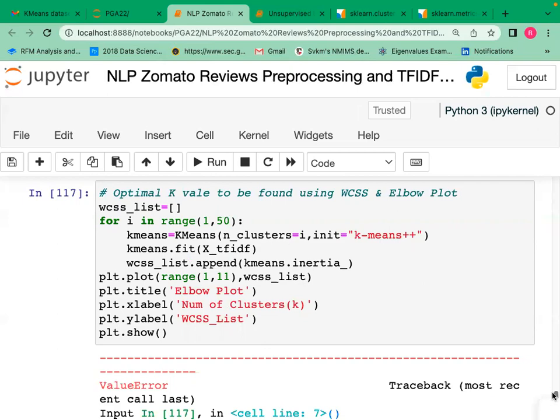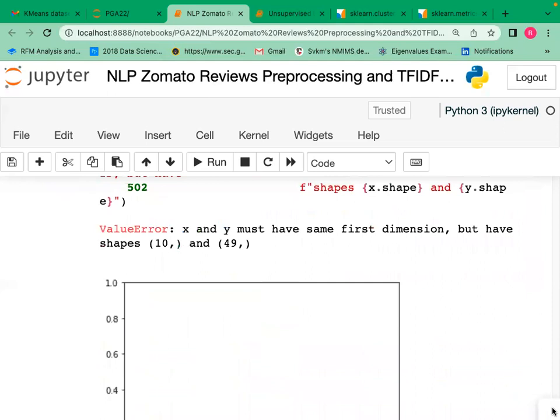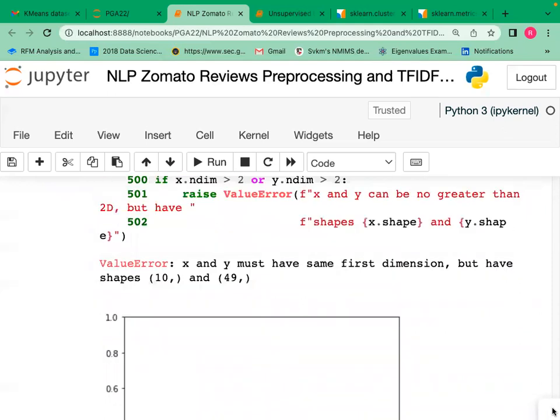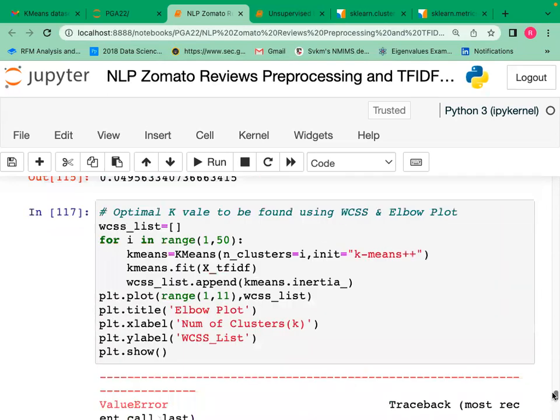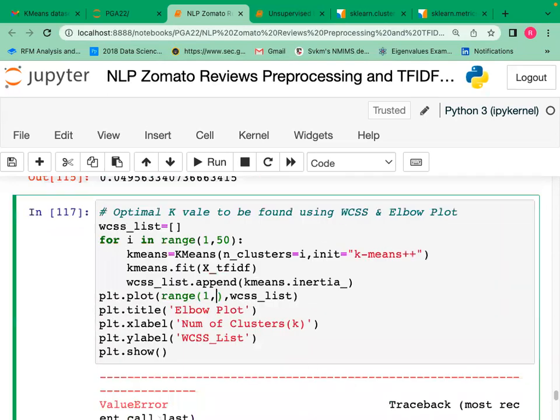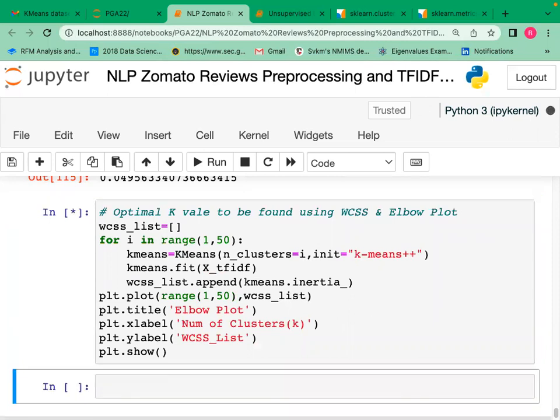We got an error. What is the error? X and Y must have the same size. I didn't change the plot range here, right? You have to change the plot range also, right?